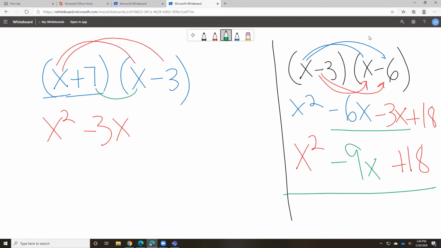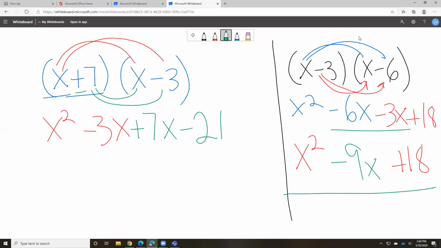What is 7 times x? 7x. Okay. Here's the tricky one. What's a positive 7 times a negative 3? I know that 7 times 3 is 21, but what is the sign when one is positive and one is negative? That's not a match, so I cannot just cancel the negative sign, so it has to be negative.